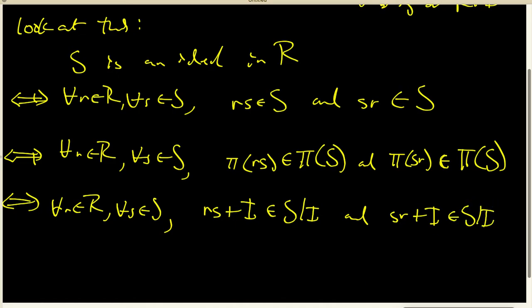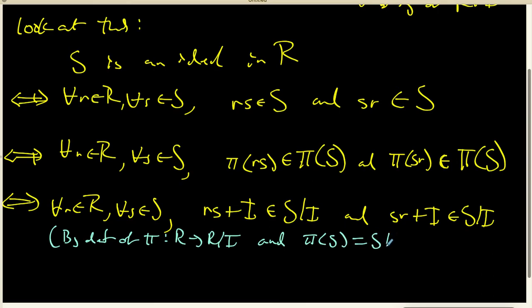And I kind of want to put some reasons down on this one. We know this by the definition of the canonical map π going from R to R/I, and we also know this from the fact that the first part of the correspondence theorem said that π(S) is indeed equal to S/I, and that was in our previous video.